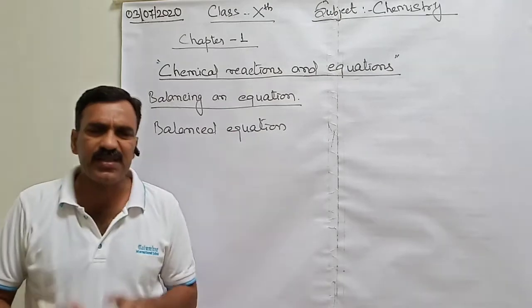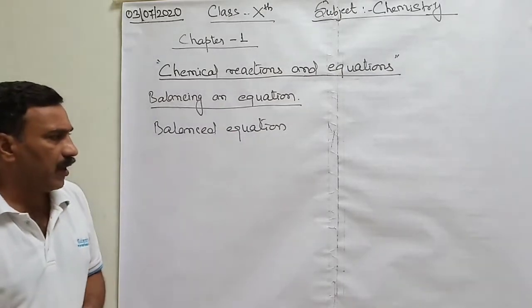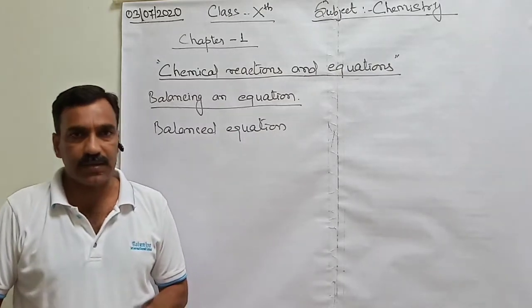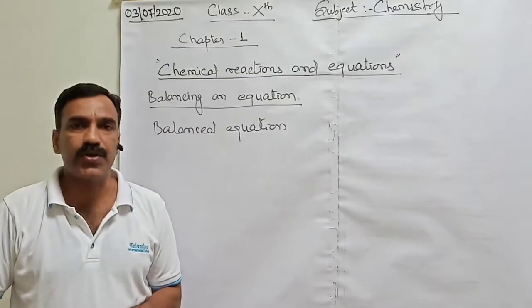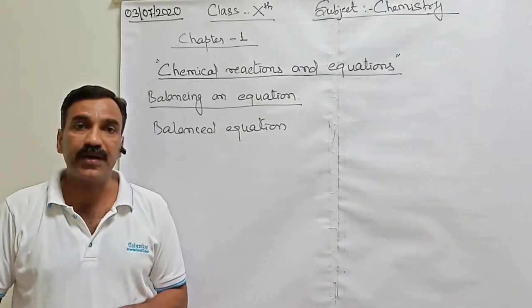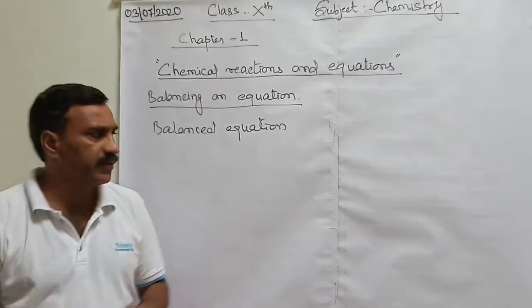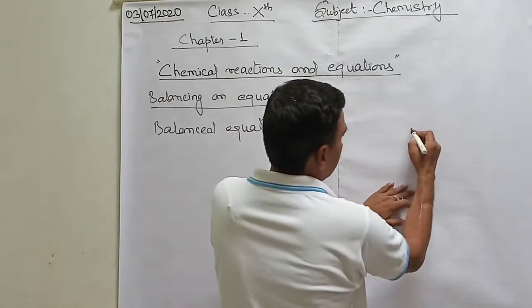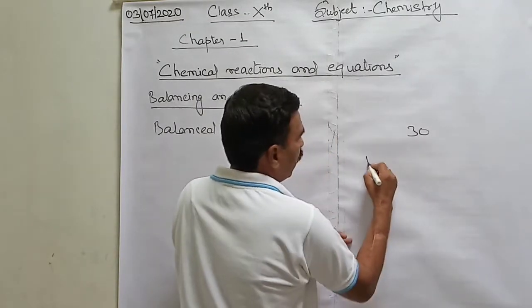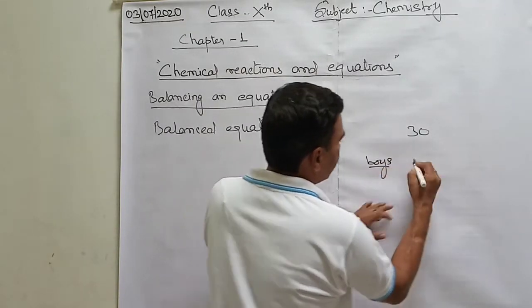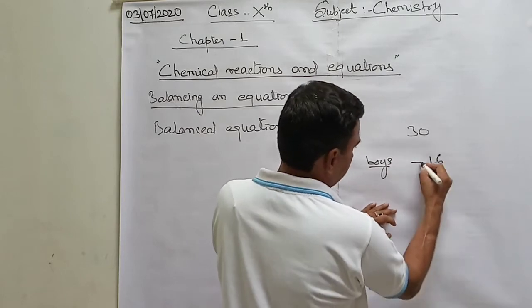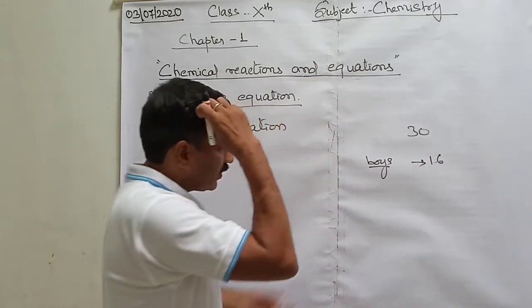In simple words, suppose there are 30 students in your class. You are studying co-education and there are a total of 30 students. Among those 30, suppose the number of boys is 16 or 14, consider any digit.